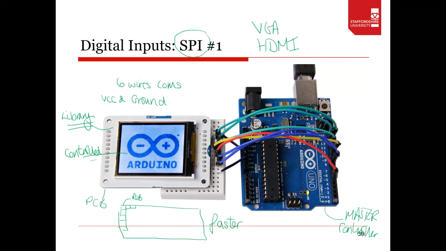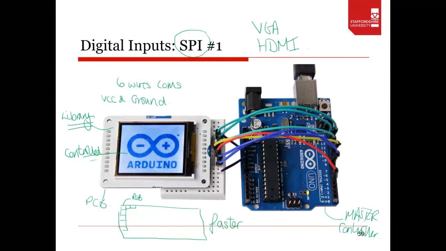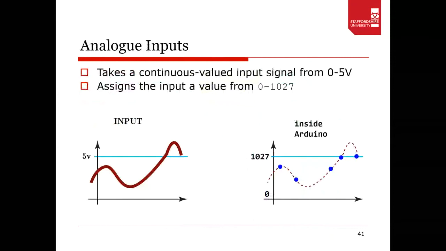You don't have to use I2C or serial to output to an LCD or one of these outputs. However, you would use a lot more wires and it would be slower. By using these protocols, we can get faster transmission.